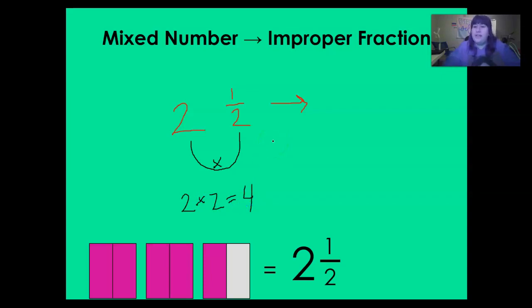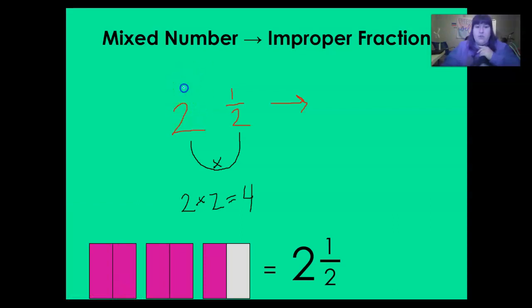The reason you do that is because when you're finding your improper fraction, you first want to find out how many pieces you have, how many parts of the whole you have. If each whole has 2 parts and you have 2 wholes, 2 times 2 tells you that you have 4 parts.